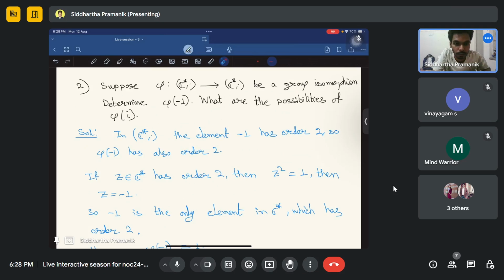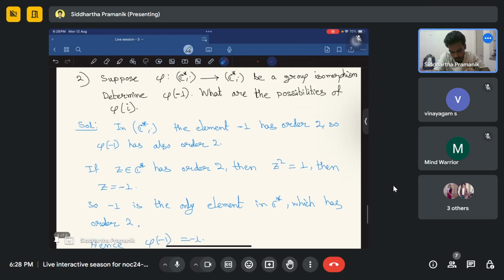Yeah, anyone? So what are the possibilities of the image of i? Can you use the same method and guess the answer?